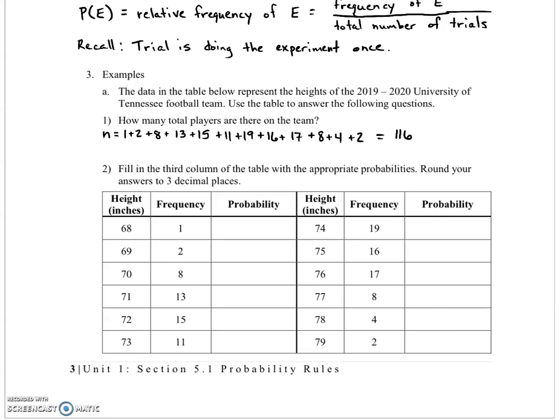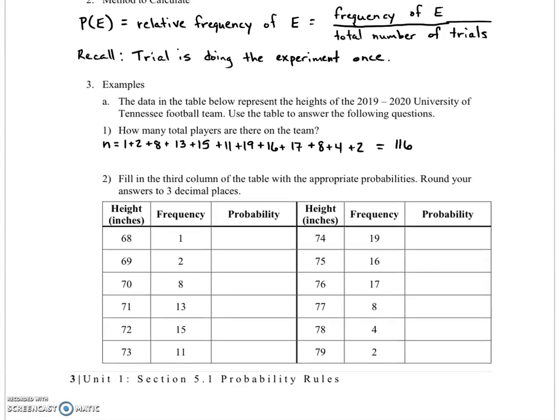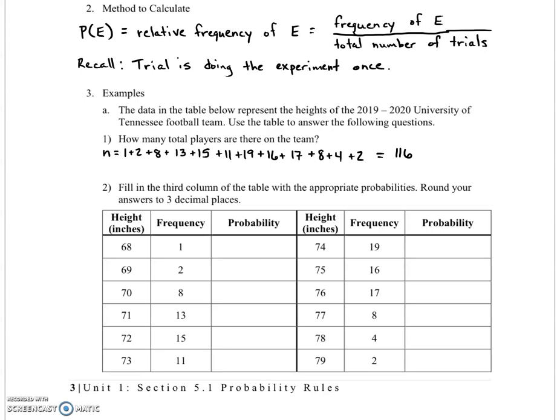Once we know that number, we can calculate the probabilities. Remember, we take the frequency of E and we divide that by the total number of trials, or in this case, the total number of people.